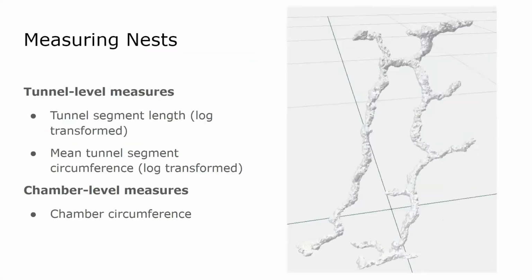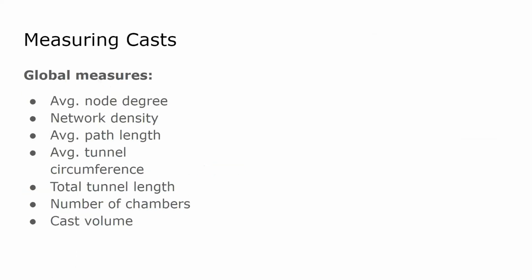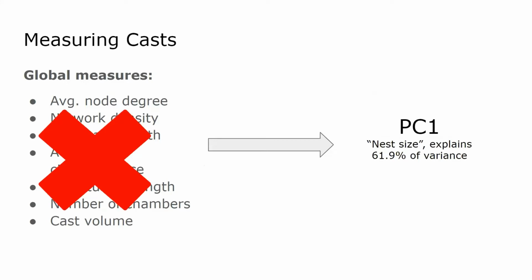We then measured the nests in various ways. At the tunnel level, we measured the length of each tunnel segment, as well as the mean circumference of each tunnel segment. And at the chamber level, we measured the circumference of each chamber. At the global scale, we measured several measures for each cast and combined them through a PCA and found that PC1, termed nest size, explains 61.9% of the variance.